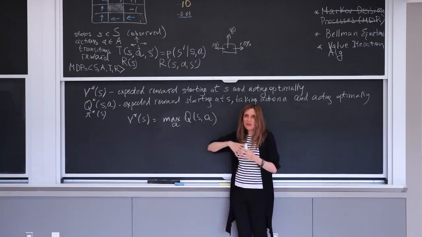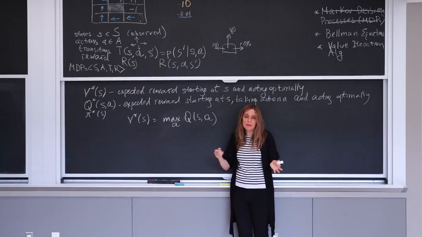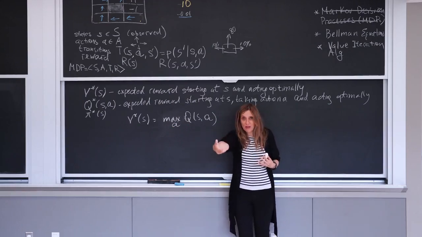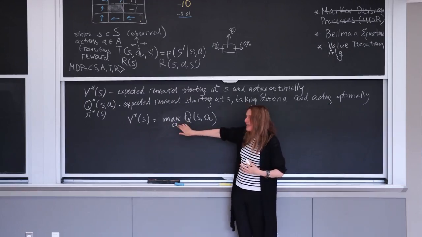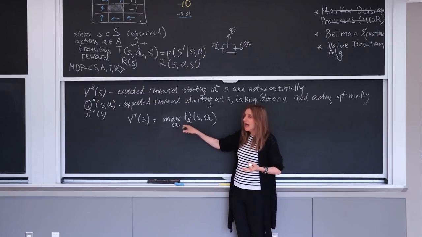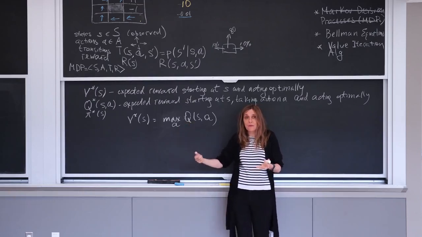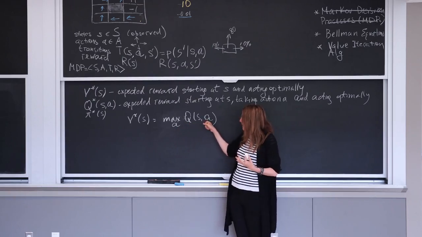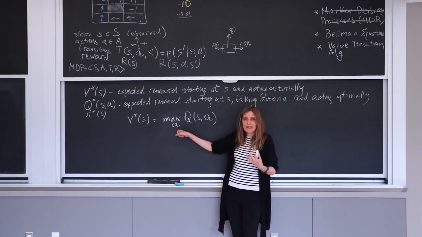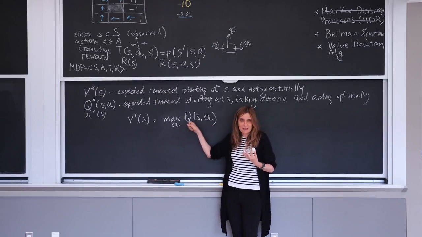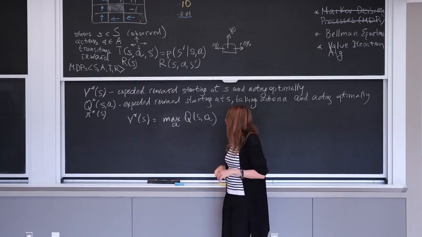So let me explain to you. From this state you can take many possible actions, but you say if I want to continue acting optimally, I need to select the best action, and to do so, I'm going to try different Qs with different possible A's and select the one which gives me the highest Q. Okay?